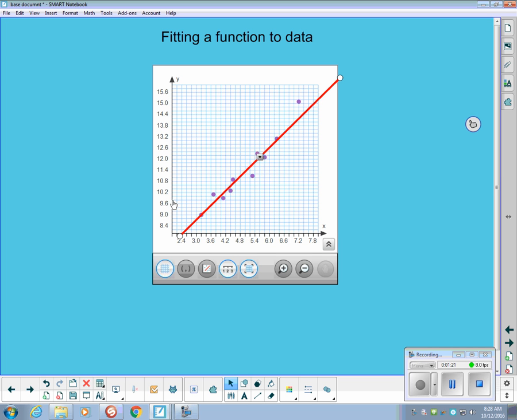The next step in the process is to try to identify a couple of points that are on this line. What I'm going to look for is not necessarily that my line passes through the marked points, but that my line passes through certain grid marks. This one appears to be pretty close to a grid mark, as well as being one of the points.